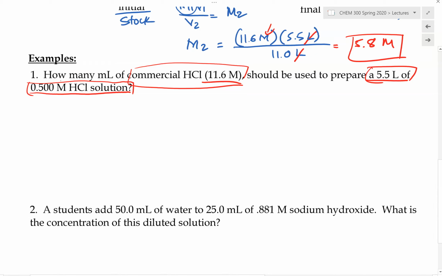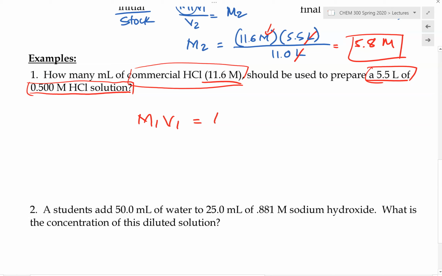And now we have to calculate how much volume of the stock solution we need to use. So based on the context of this problem, it's very clear that this is a dilution problem, right? And the minute we recognize that, we should be thinking of M1V1 equal to M2V2 and start looking for those variables.